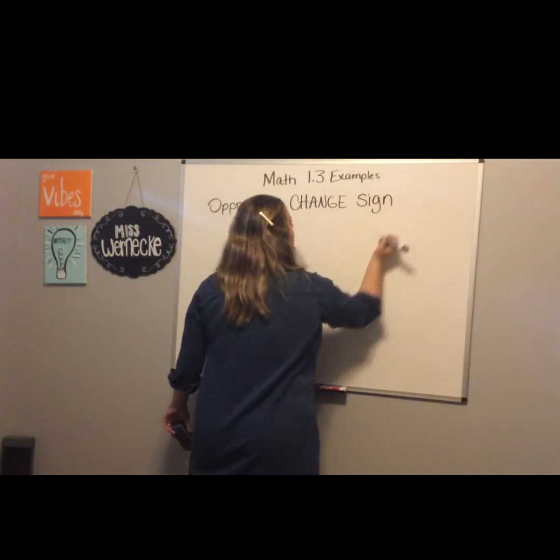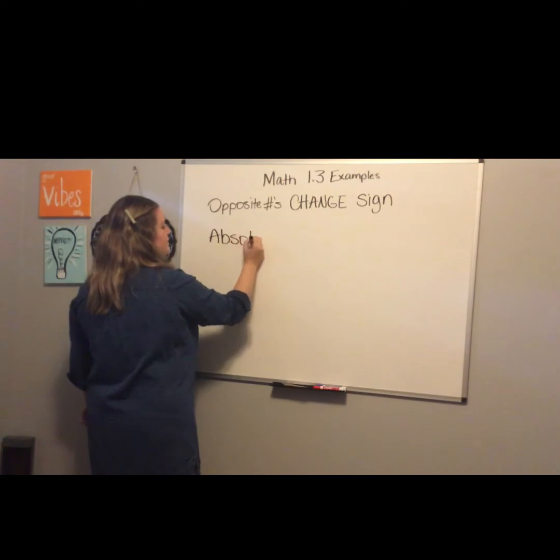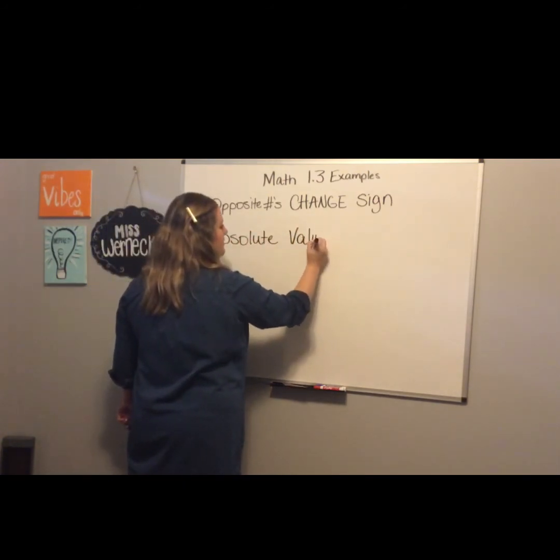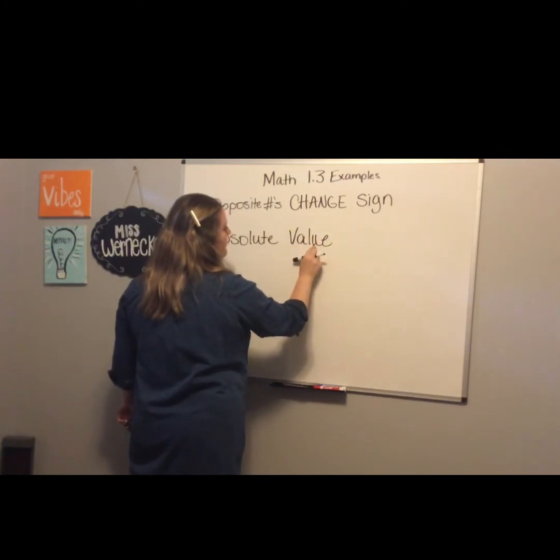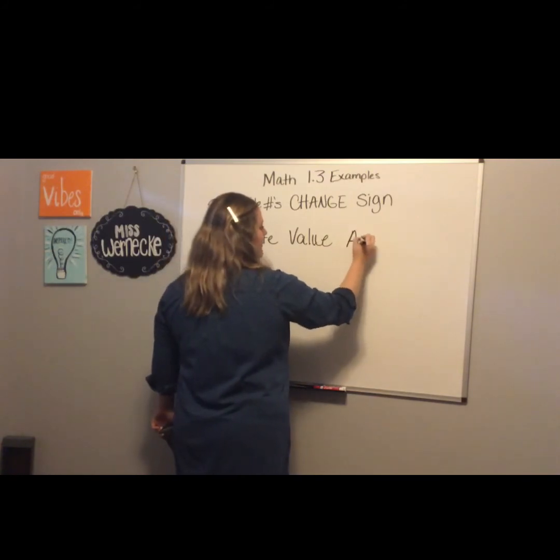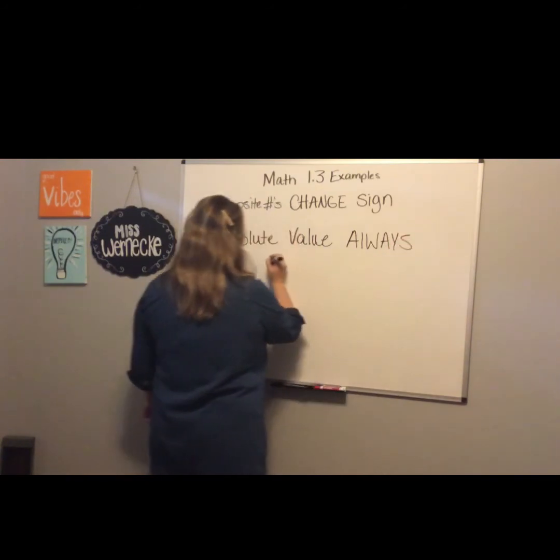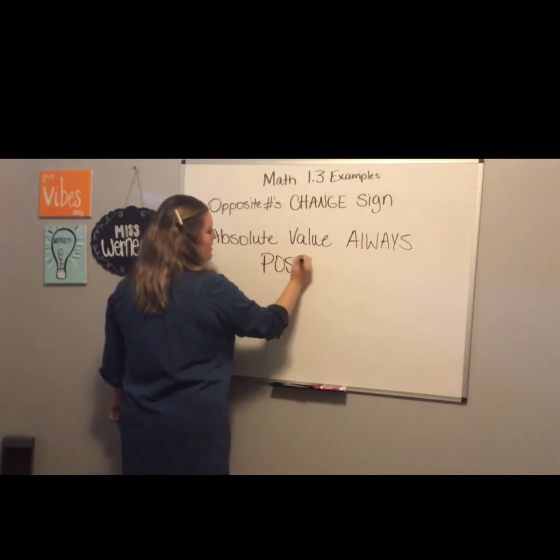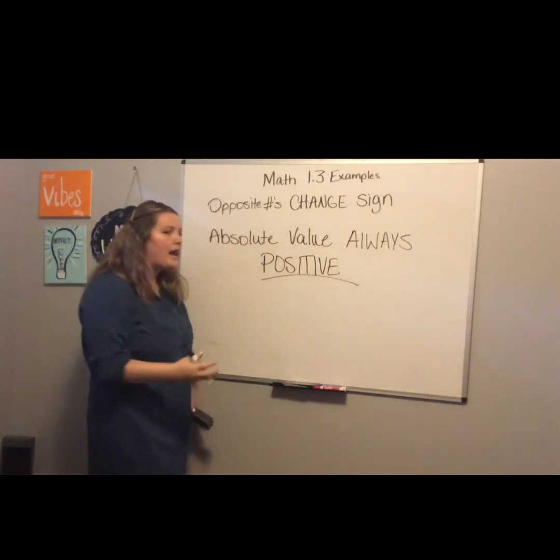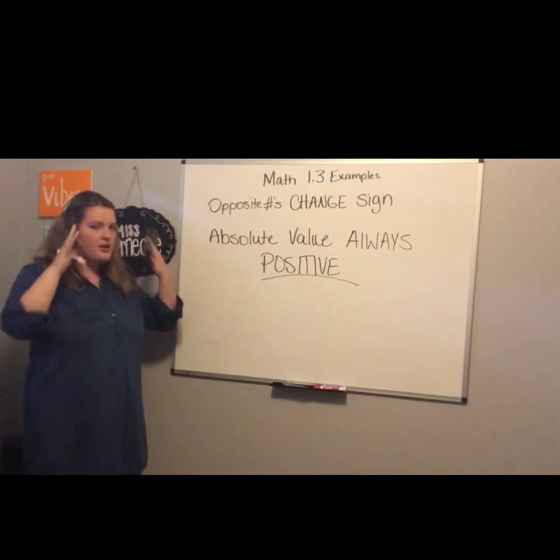But absolute value is always positive. And I know on your test, on the last day of the week, you're going to get confused. Everyone does every year. And usually I walk around the classroom and I stare at you and I nudge you and I'm like, is that opposite or absolute value? What is absolute value always? And then everybody's like, I forgot.